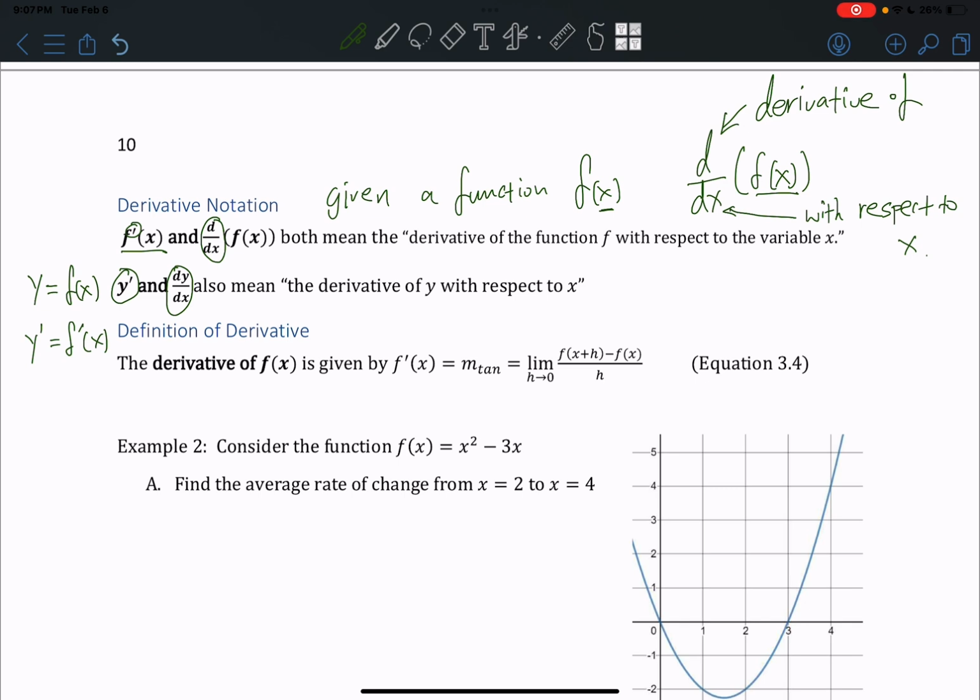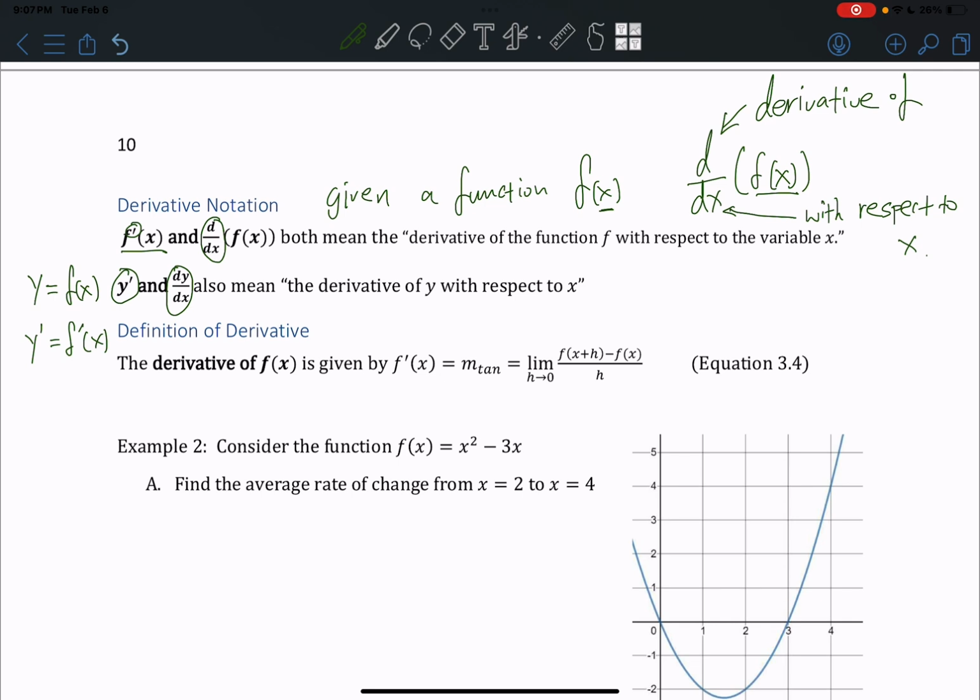You have to get that information from the context of the question. That's a little bit unfortunate, but it should make some sense, because the more simplified the notation is, I guess the less meaning it incorporates. Okay. So going to finally the definition of derivative.